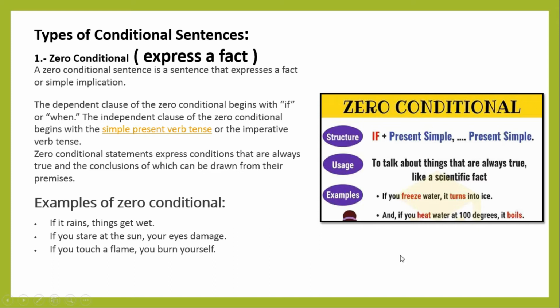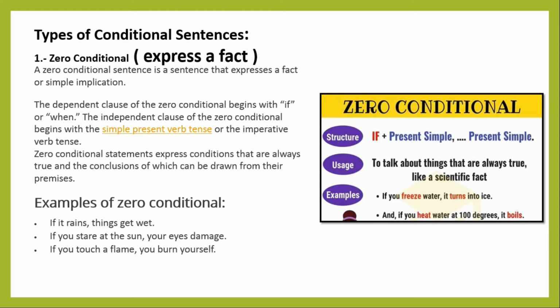For example, how can I use zero conditional? We can use it to talk about things that are always true, like a scientific fact. If you freeze water, it turns into ice, because it's true, it's a scientific fact. It's completely real. If you freeze water, it turns into ice.